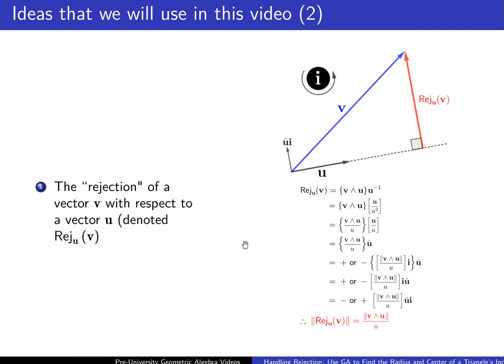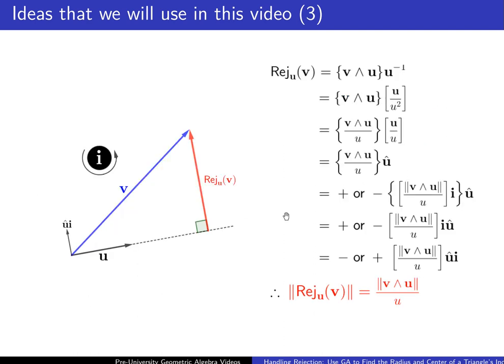Here we'll look a little bit more at the idea of the rejection of a vector, and I'll move on to the next slide so we can see this more clearly. So the notation here is rejection of the vector v with respect to the vector u.